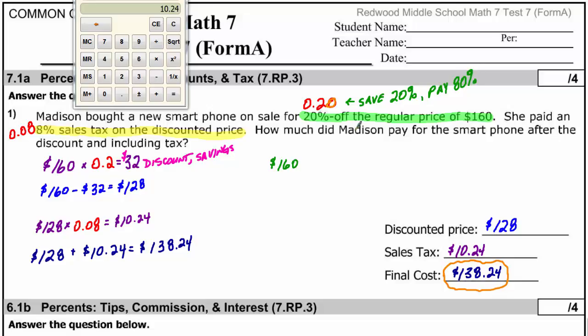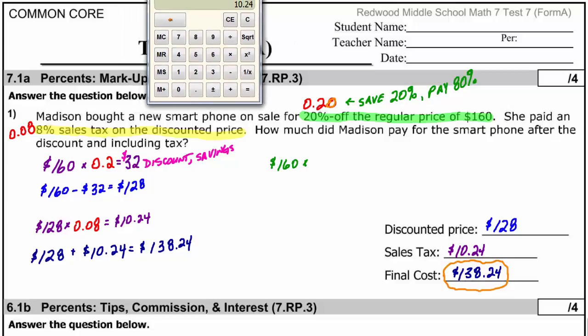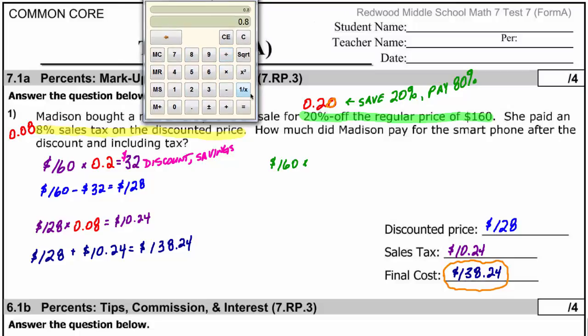If you save 20, you pay 80. So you could have set this problem up and done 160 times 0.8.